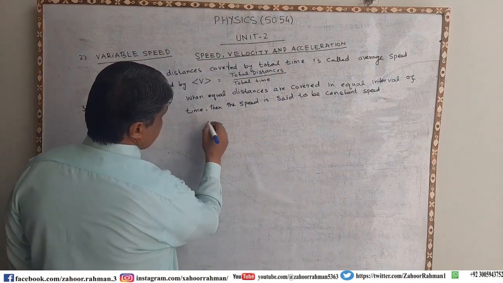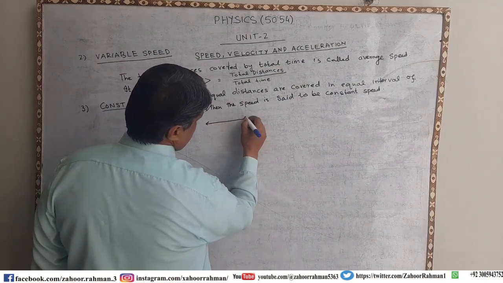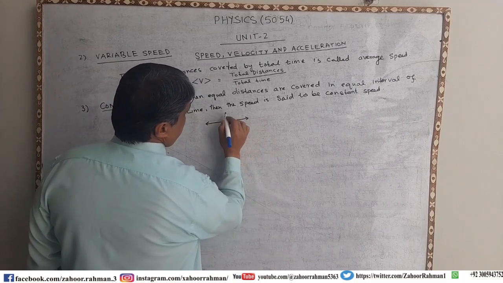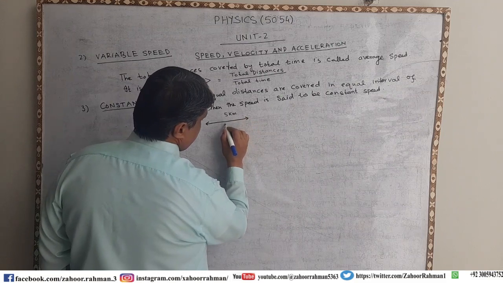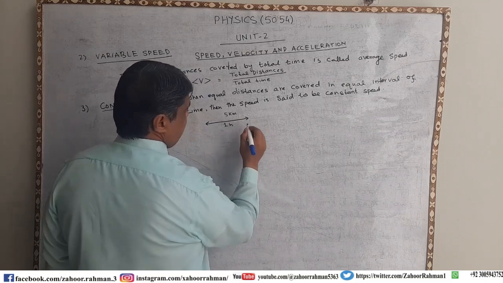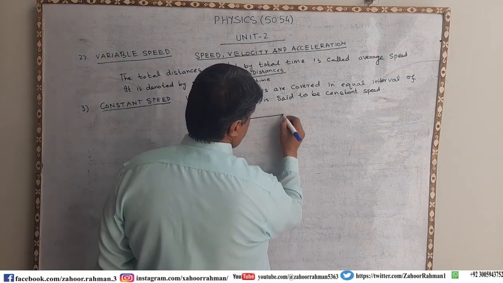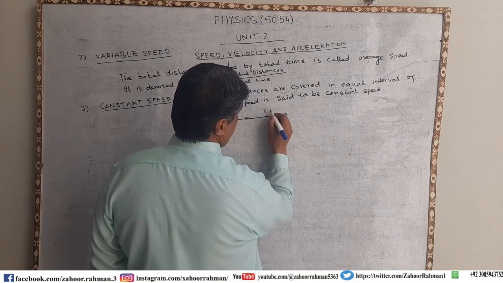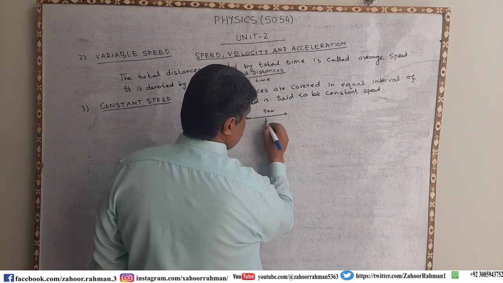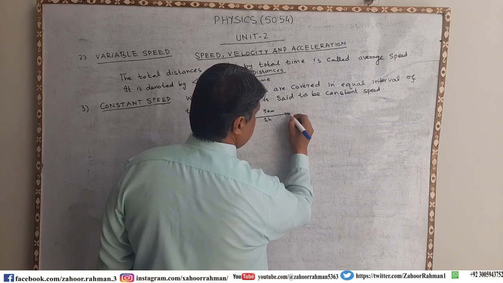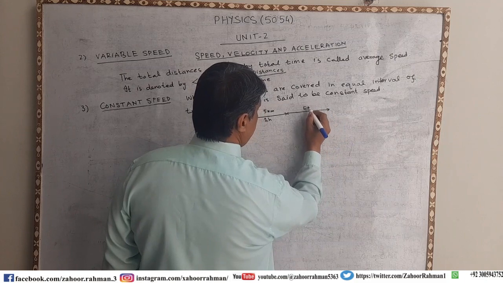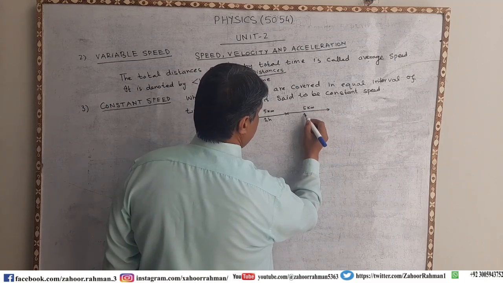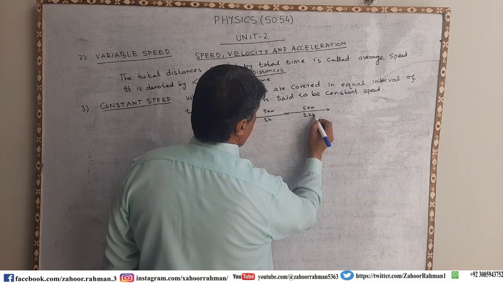What does it mean? It means that the first interval, which is 5 kilometer, is covered in 1 hour. The same distance, that is also 5 kilometer, is also covered in 1 hour. And then the third, that is also 5 kilometer, and it is also covered in 1 hour.